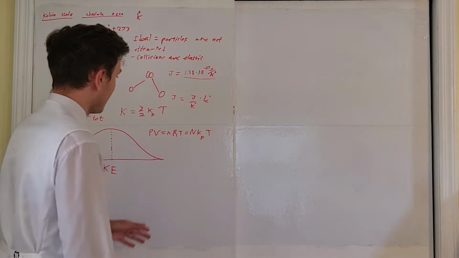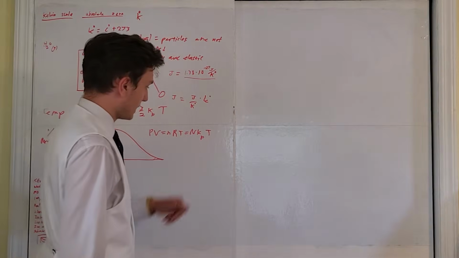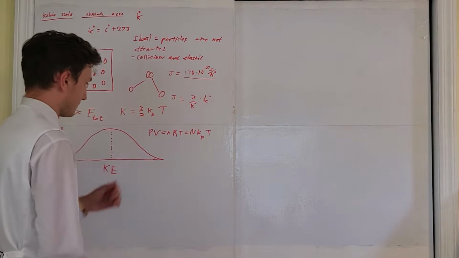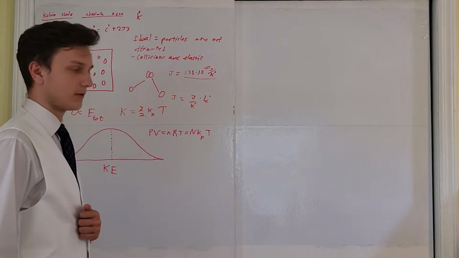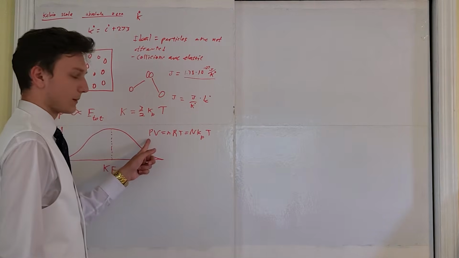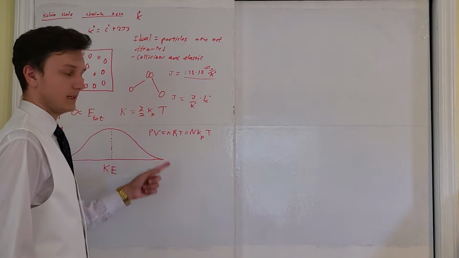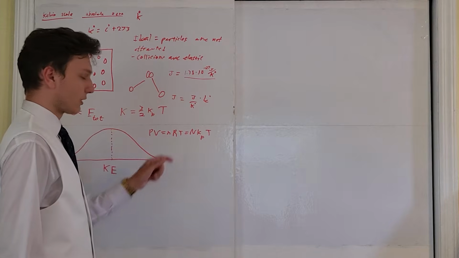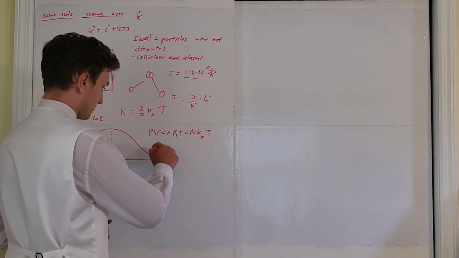Okay, so let's explain what this equation is. Capital P, as we should remember from the fluid dynamics unit, represents pressure. Capital V represents volume. Lowercase n represents moles.